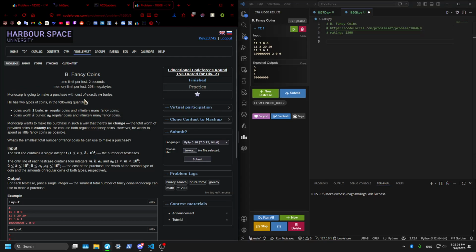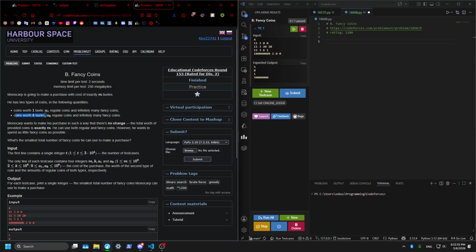Monocarp is going to make a purchase with cost of exactly M burls. He has two types of coins in the following quantities. Coins worth 1 burl, A1 regular coins, and infinitely many fancy coins.